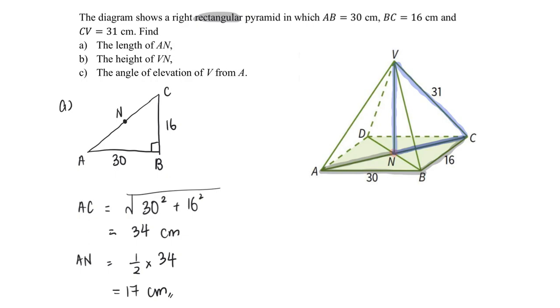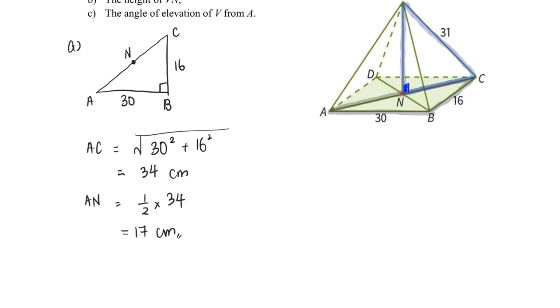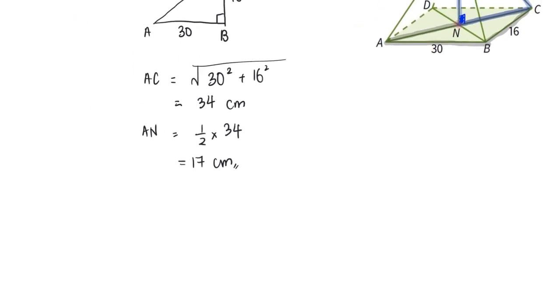V is vertically on top of N. This means something, do you know? This means that this blue triangle is also a right angle triangle. So V and C for part B.